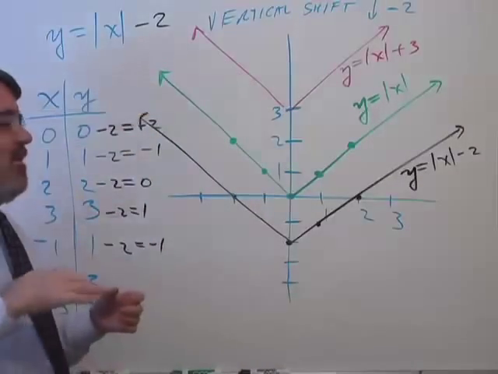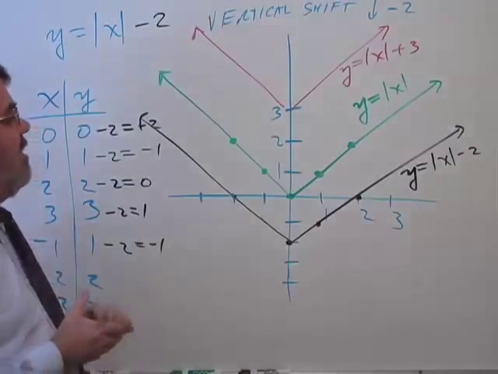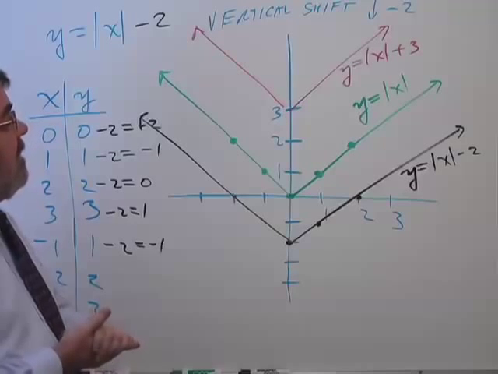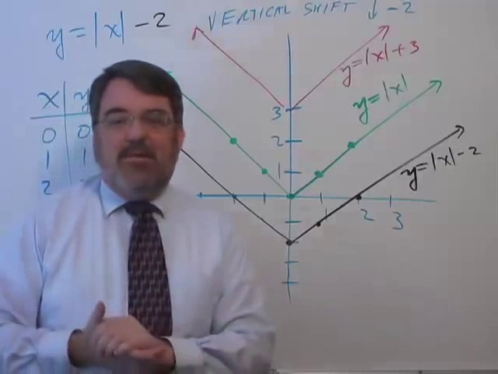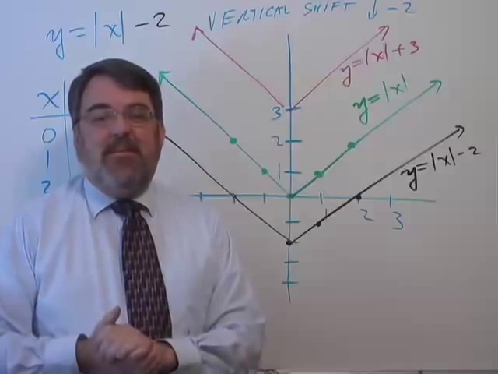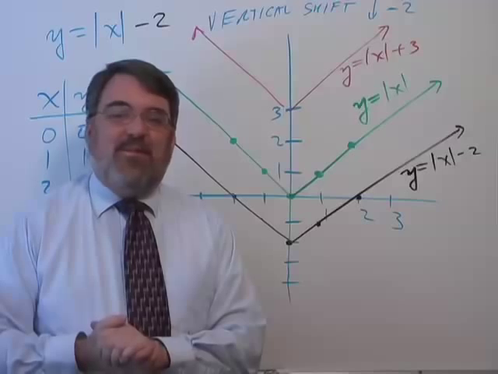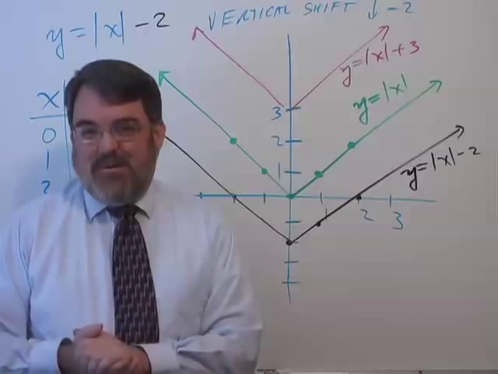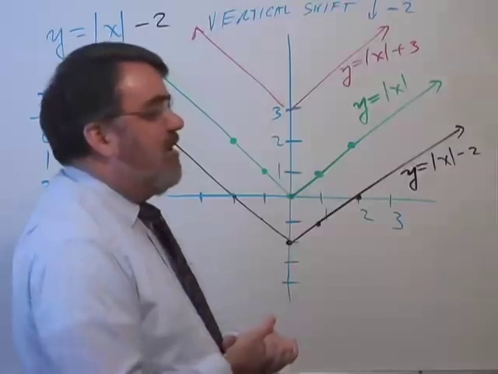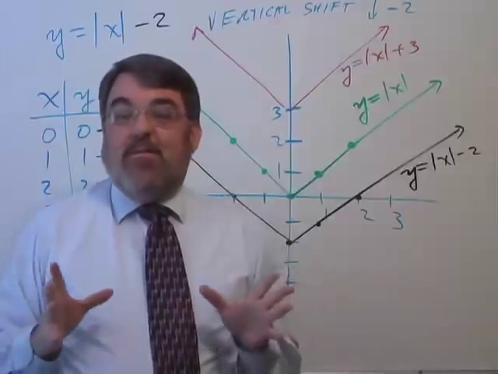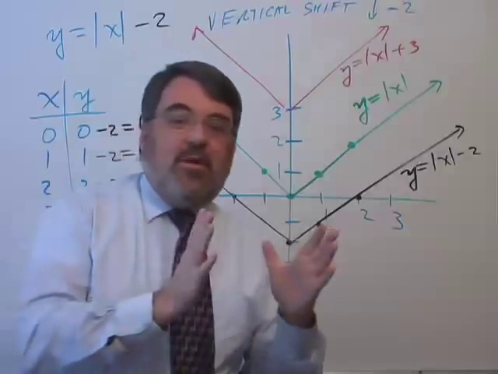So it raises and lowers the graph in all those cases. Alright, so that's a vertical translation. Now, the horizontal translation is not quite so clear-cut as the vertical translation. So I'm going to erase the board and start over, and let's look at some horizontal shifts.